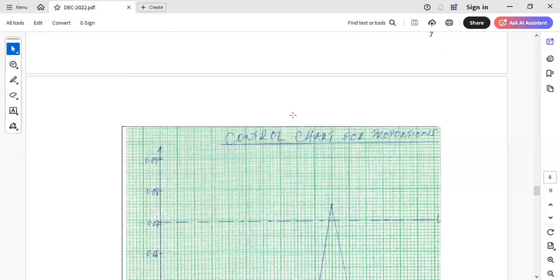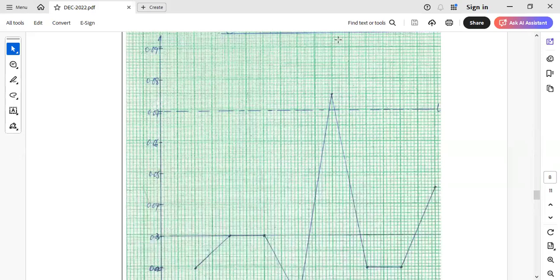Comment whether the process is in control. Colleagues, based on the explanation I gave you last time, is this process in control? No, it's not in control. So you will say since there is a point which is above the upper control limit, it means that the process is not in control.